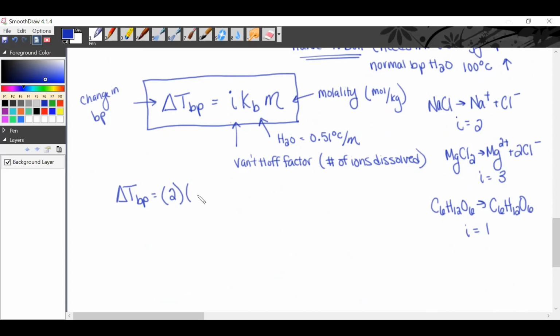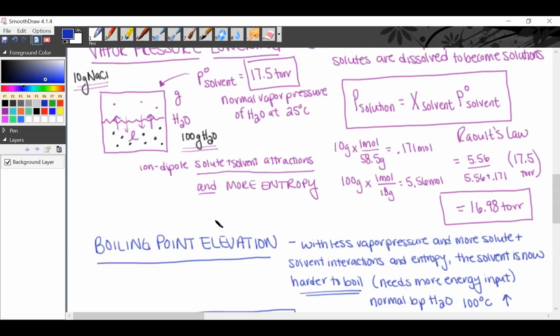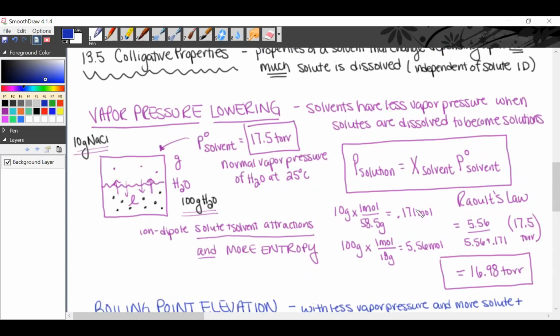My boiling point elevation constant is 0.51 degrees C per molality. And now I just need the molality of the solution. If you recall, it was 10 grams of NaCl. Oh, I don't even need to do this, I already did this. Do we have moles of NaCl?